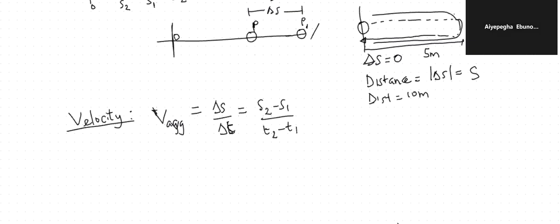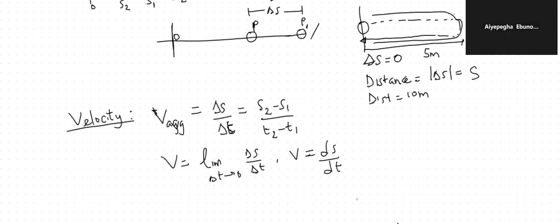The instantaneous velocity v is given as the limit as delta t tends to 0 of delta s over delta t, which is the same thing as v equals ds dt.